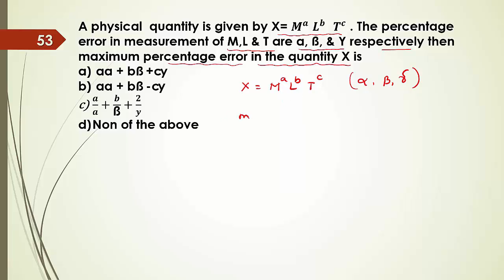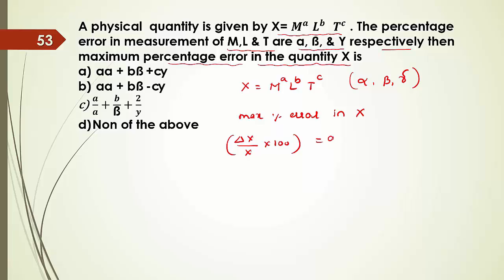Errors are how much? Alpha, beta, gamma. These are the error in their measurements. So I am going to write maximum percentage error in quantity of x. In x quantity, we can write delta x over x into 100 is equal to, M raised to a, it is of the form error in power.